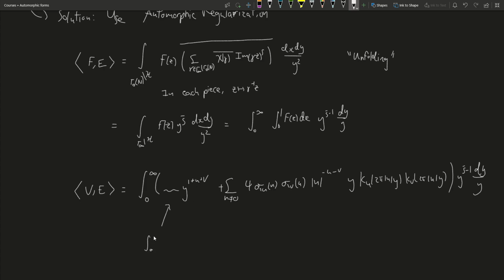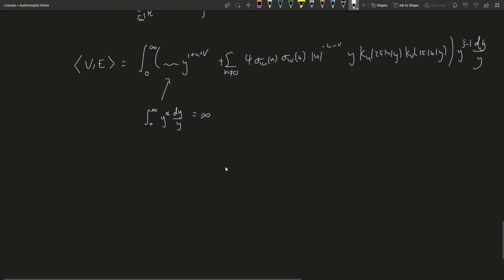So if you just think about a Mellin transform of, say, y to the alpha dy over y, this just diverges for every alpha. Either the tail is too heavy, or you diverge at 0, or in the case of alpha 0, both. So this is the problem.